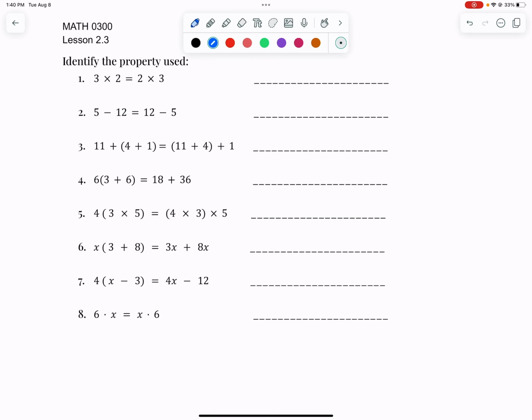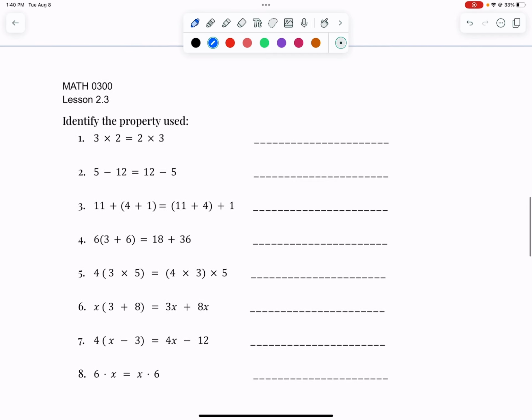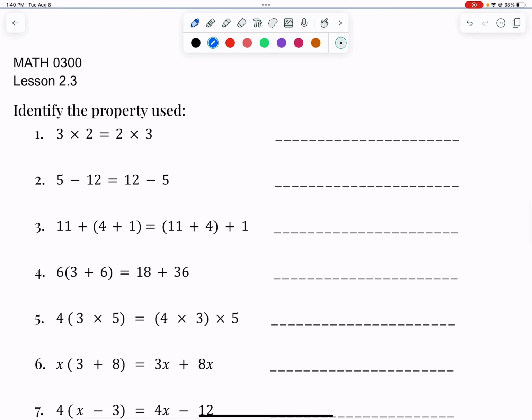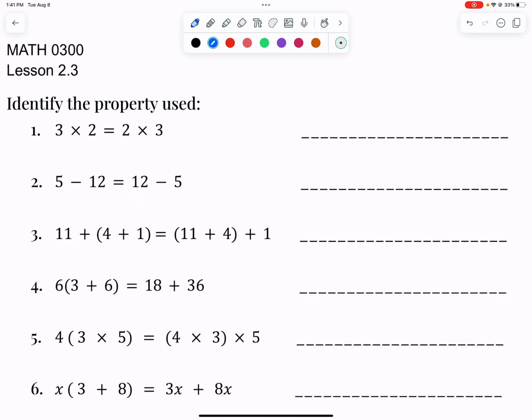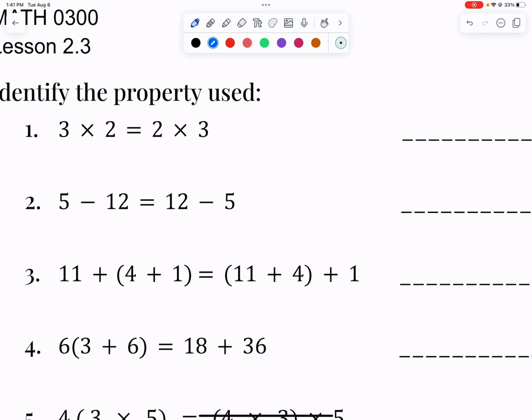We'll look at some examples because it is all well and good to read the words and look at the pictures. It's a whole nother thing to apply them sometimes. Here we're not concerned about working the problems. We just want to identify the property that got used. What I see in the first one is that I switched order. The 3 was in the front, and now the 3 is in the back.